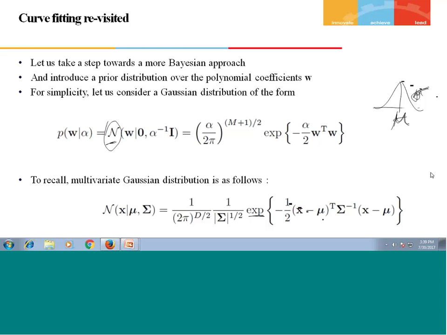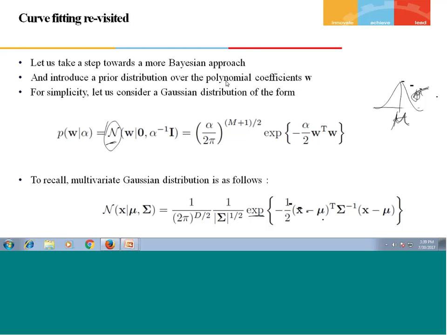So now let us take a step towards a more Bayesian approach, and introduce a prior distribution. So far we haven't considered the Bayesian approach, as we did yesterday, where we take prior knowledge. So let's take some prior knowledge here also.